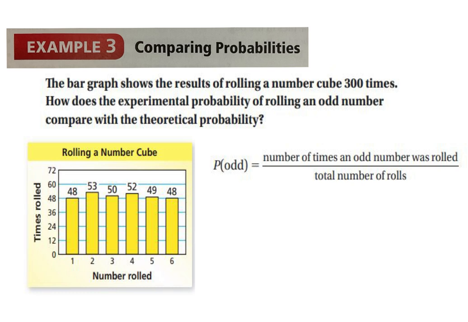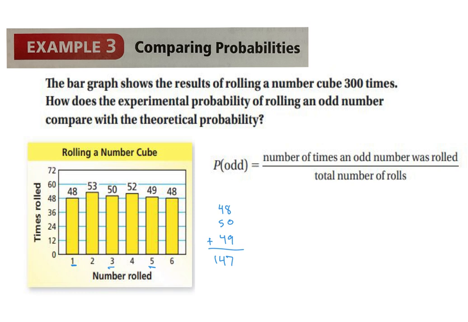So let's look for odd numbers, 1, 3, and 5. So we'll add those together, 48, 50, and 49. And so when we add 48 plus 50 plus 49, we get 147.